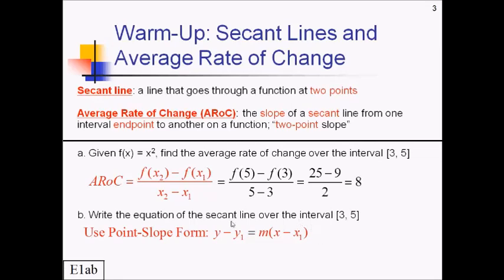For the x1 and y1, I'm going to use the x value 3, and just plugging 3 into my function, that gives me back a y value of 9 because it's 3 squared. So I can write y minus 9 equals slope of 8 that we just found times parentheses x minus 3.